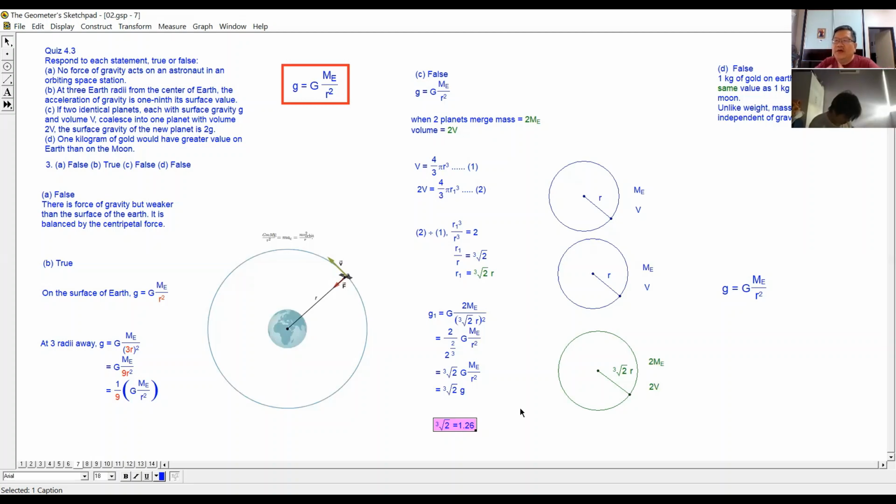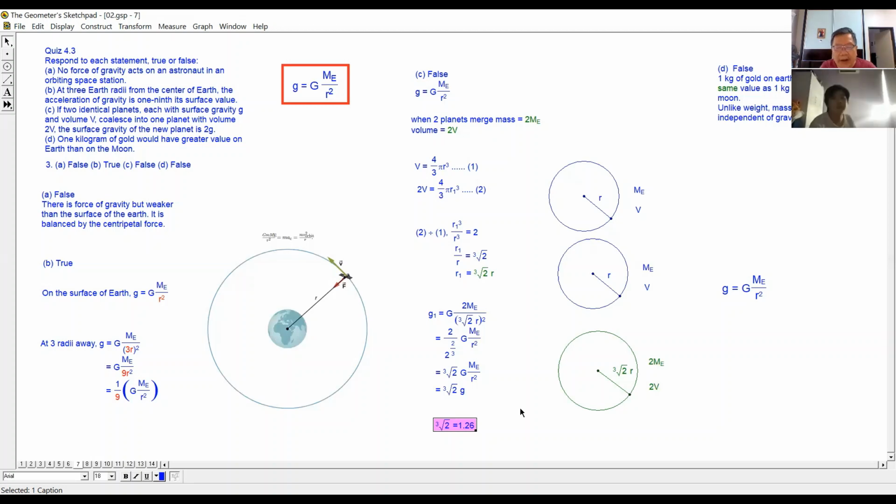So you type 2, then you use the inverted v, then you bracket 1 over 3. 2, the inverted v, then 1 over 3. It's 1.259 or something like that.